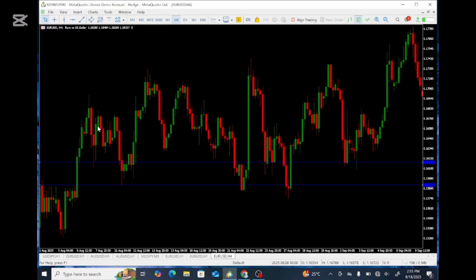For you to press a buy, the candle that touches the fair value gap must close inside the fair value gap or above it. If the wick is inside, it doesn't have the problem. But in case the body comes and closes down here, that fair value gap is invalidated.